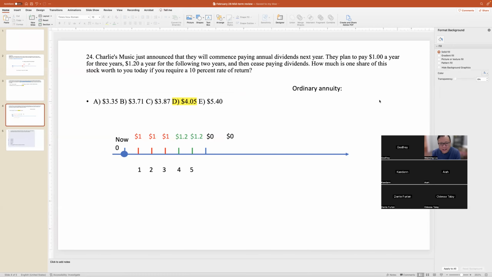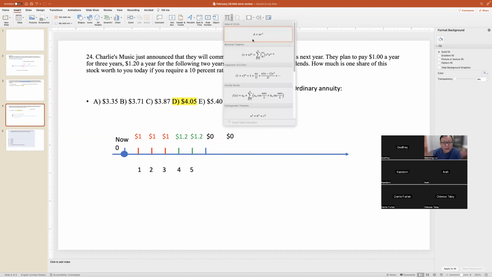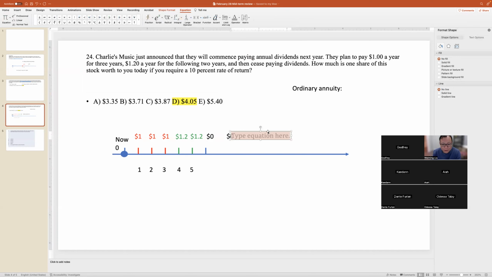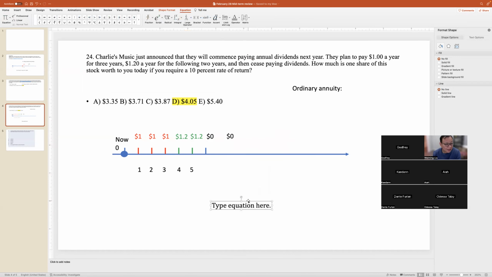Who remembers that formula? Let's see. No? Okay, I don't blame you. If you are not a math major, it's hard to remember.